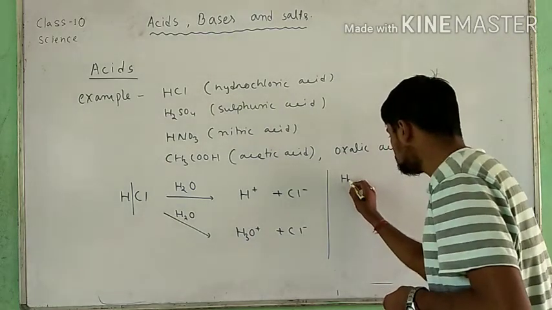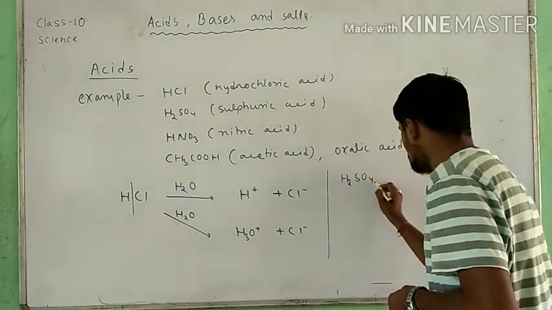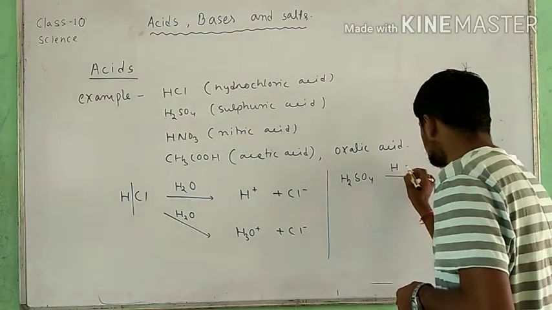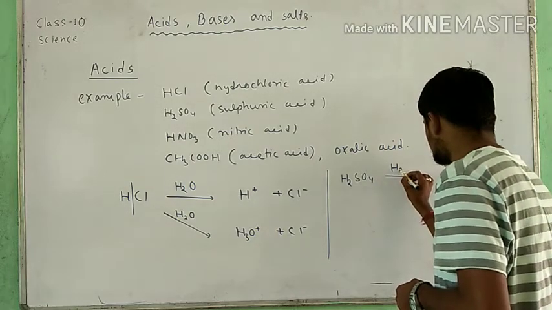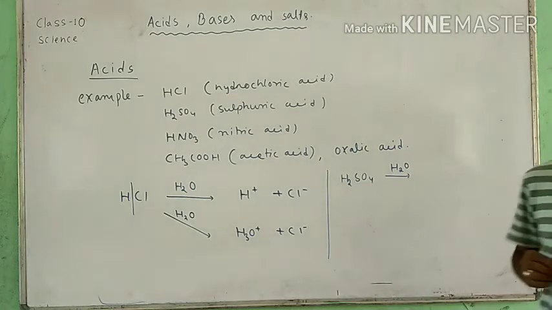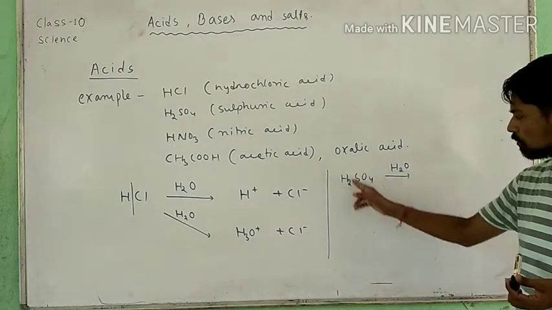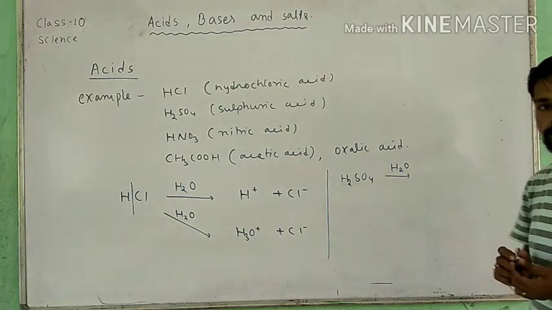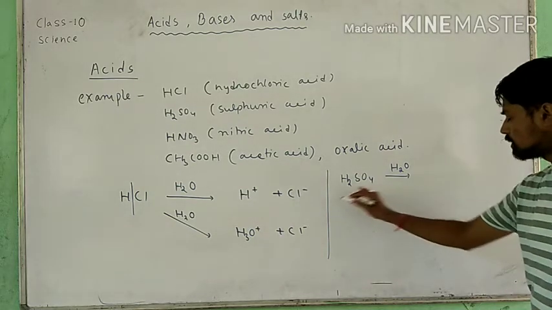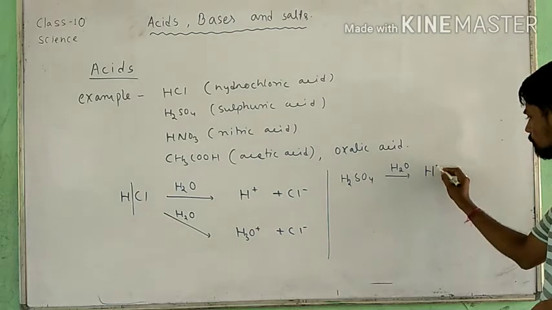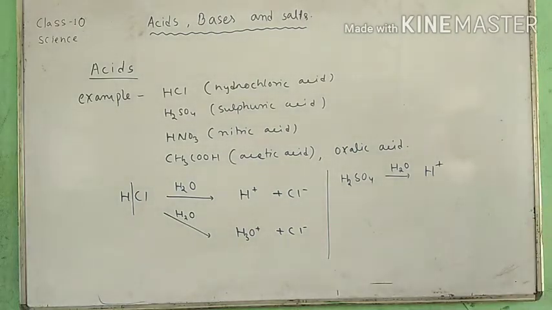See another example. When we mix H2SO4 in water, what happens here? There are two parts. One part is the hydrogen part and another is SO4. They break down into two parts. Since it is an acid, it will surely produce H positive, so we can write H positive.